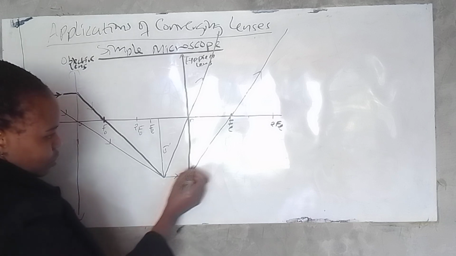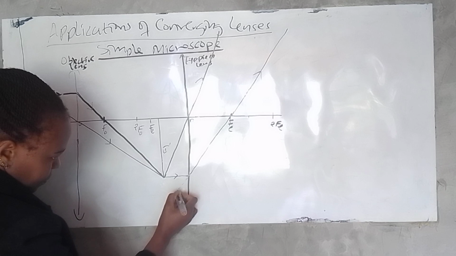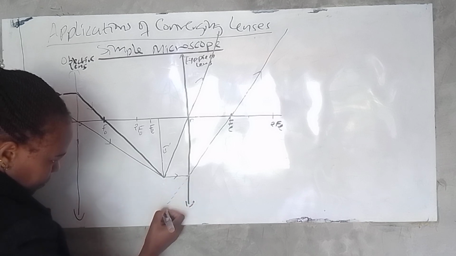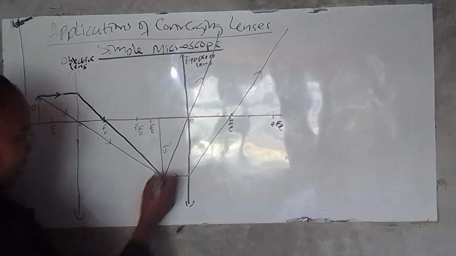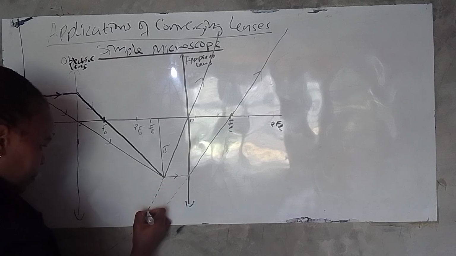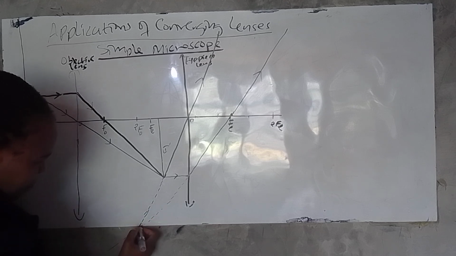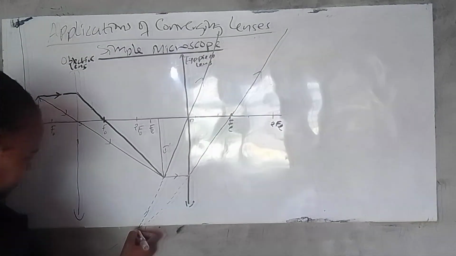So I'm going to produce this ray backwards on a straight line, and I'm going to do the same to this. So they meet somewhere there, and that is where I form my image.